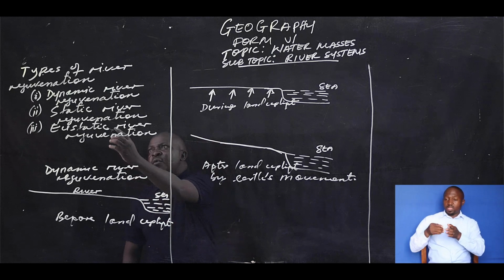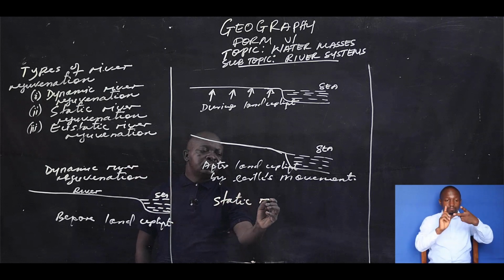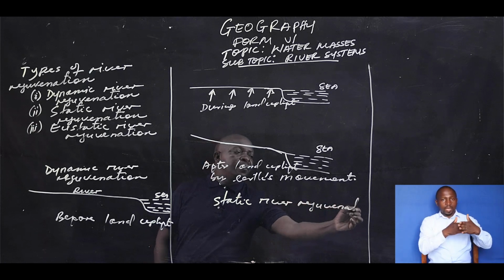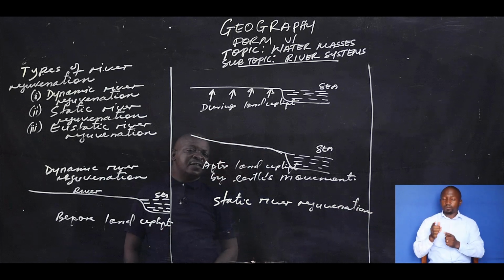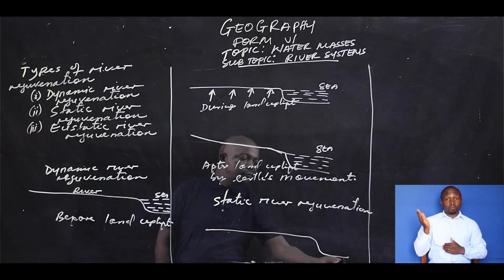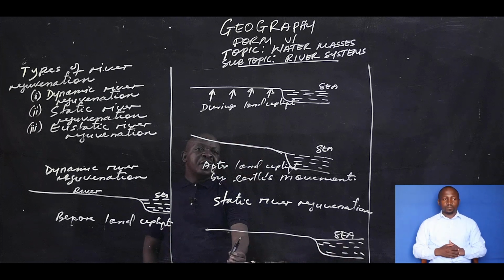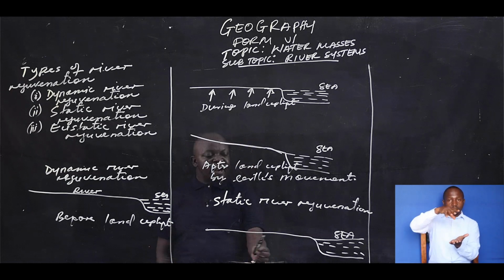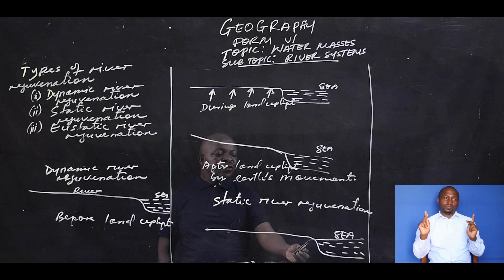The second type is static river rejuvenation. Consider this diagram here. The landscape in the lower course has a gentle gradient, but the gradient does not change.